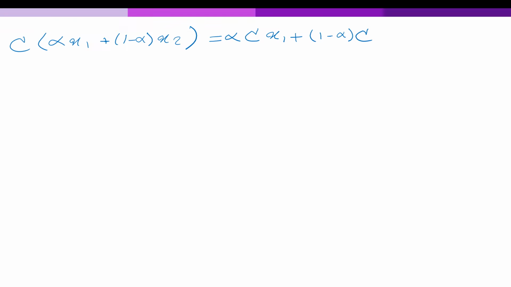Again, C is a matrix and x is a vector. And we know that Cx1 is equal to D, and also Cx2 equals D as well. So we're going to replace these two terms with D: alpha D, D is a vector, plus 1 minus alpha D, which is equal to D. So this condition also satisfies.